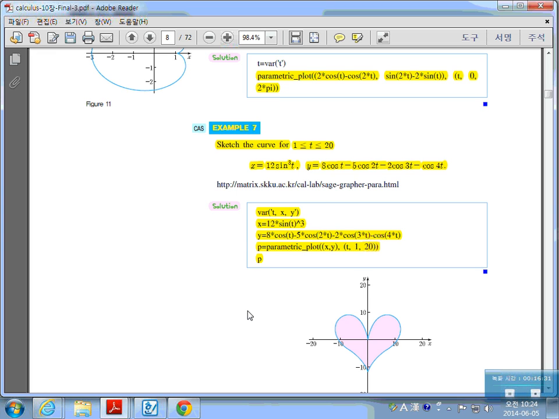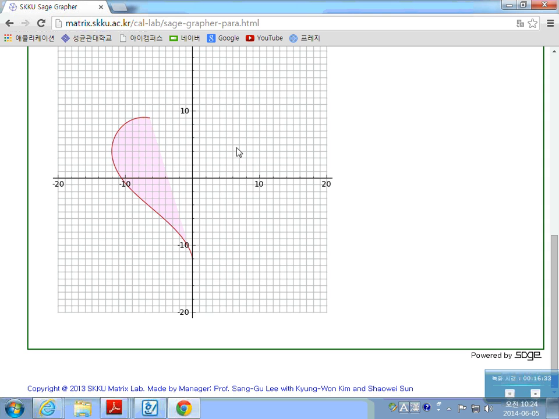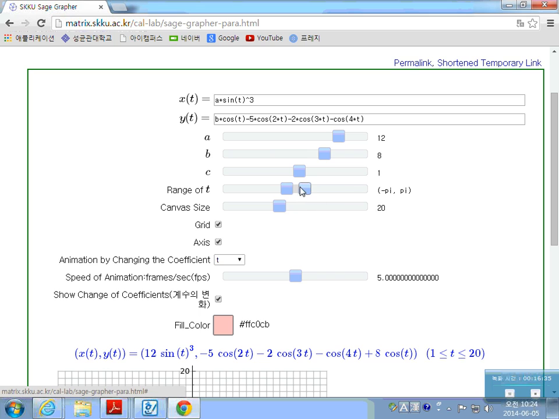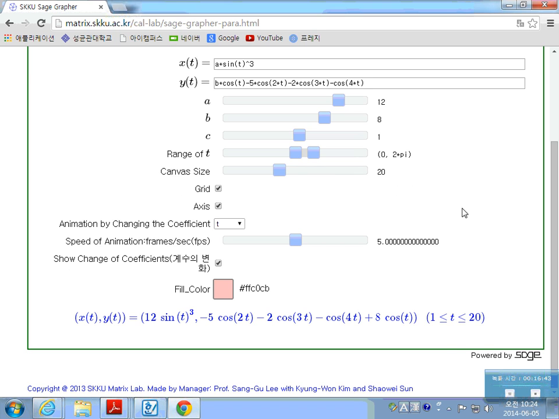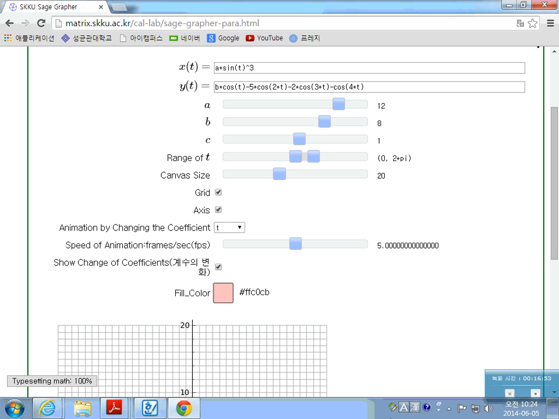If we change this interval from 0 to 2 pi, then it starts when t is equal to 0 and ends when t is equal to 2 pi. So yeah, you can make many different types of images.